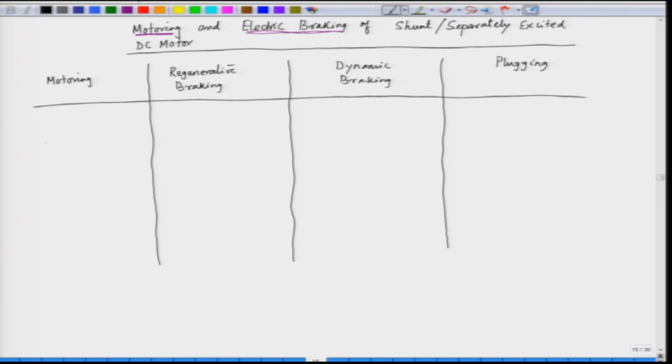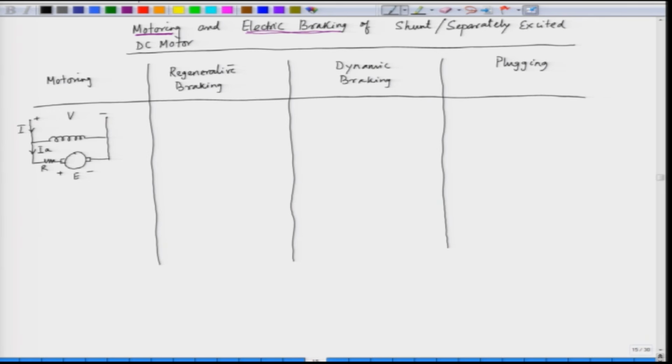Now, let us take up a DC motor here. We have the field and we have the armature, and this is applied with a voltage V. The armature is carrying a current I A, the armature resistance is R, and the back EMF here is E. Now, in motoring the current enters the motor and there is a conversion from electrical energy into mechanical energy.